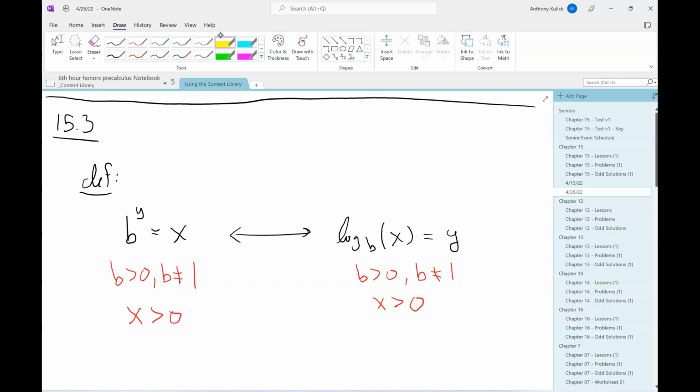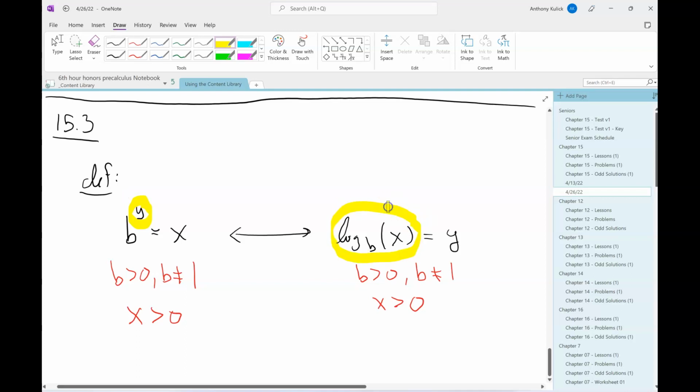So what is a logarithm really saying? It's the power of b that gives us x. So the name for that value of y, that power of b that gives us x, is just log base b of x.